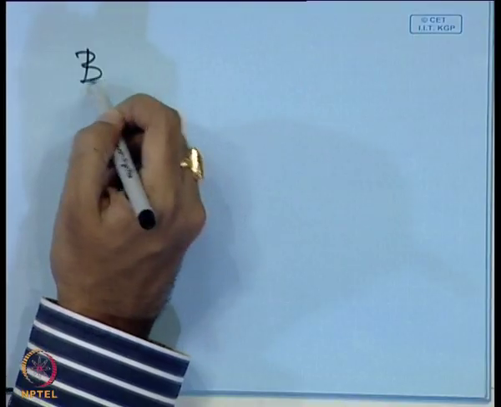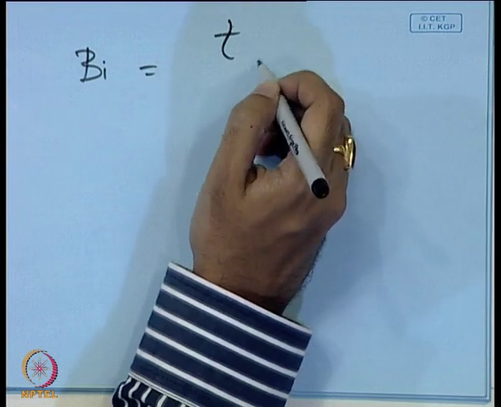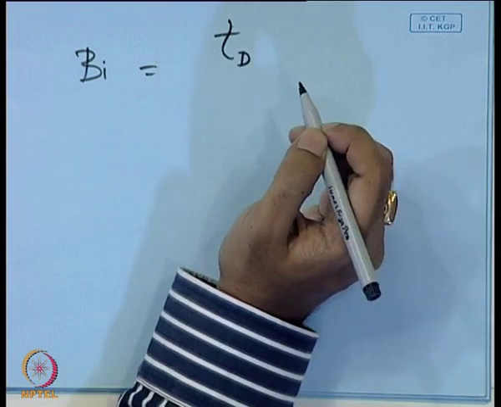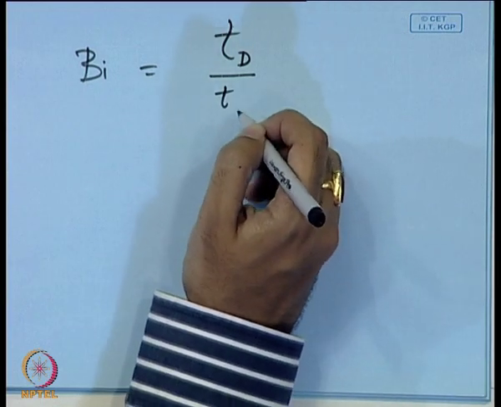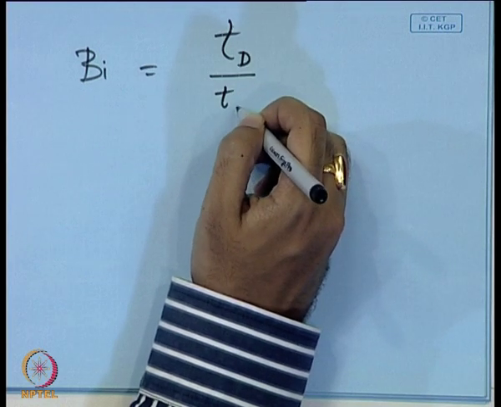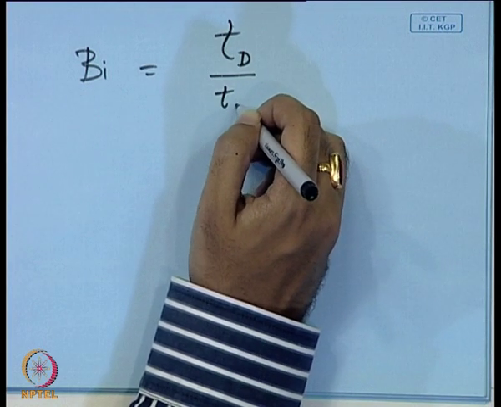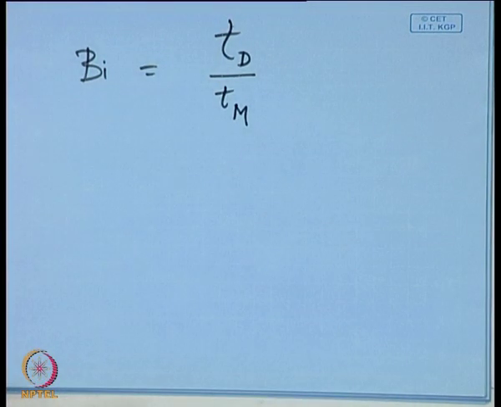What is the Biot number? The Biot number is the ratio of the time scale of interface mass transfer, between the surface and outside, TD over TM, I think.